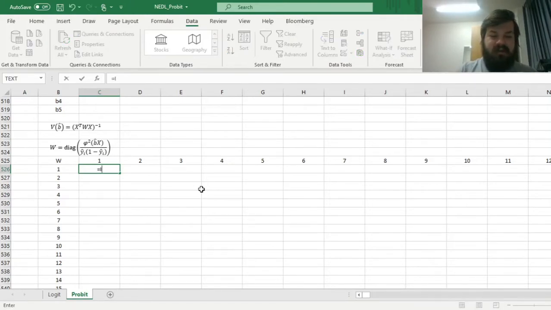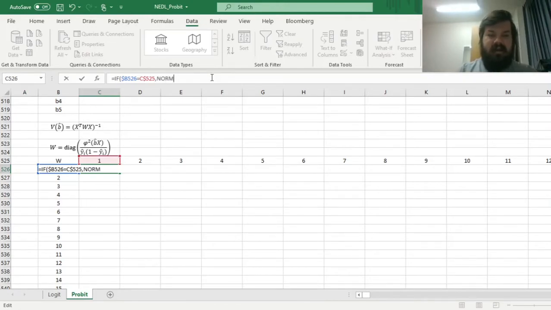So here we first need to check whether we lie on the diagonal or not. So if our row ID, and here we need to lock the column, is equal to our column ID, and here we need to lock the row, if they're equal, we do lie on the diagonal, and we need to input this particular formula.